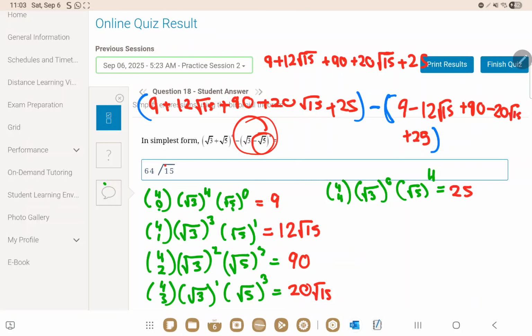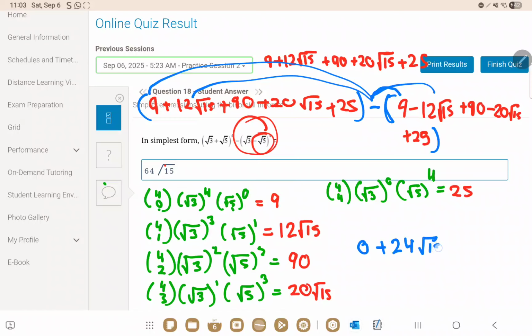Since now we need to just solve, 9 minus 9 is 0. 12 radical 15 minus negative 12 radical 15 is plus 24 radical 15. 90 minus 90 is 0. 20 radical 15 minus negative 20 radical 15, minus and minus make plus, so it is plus 40 radical 15.